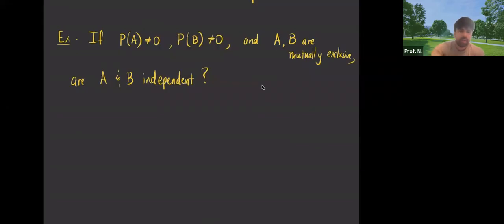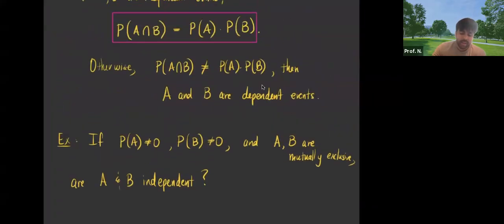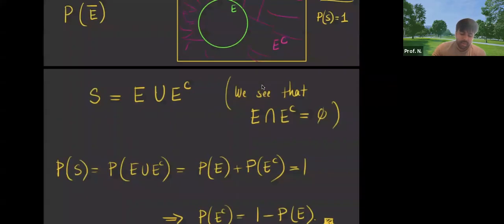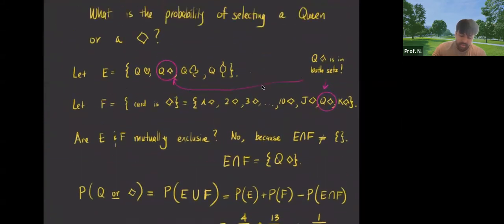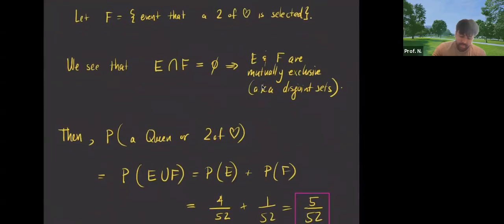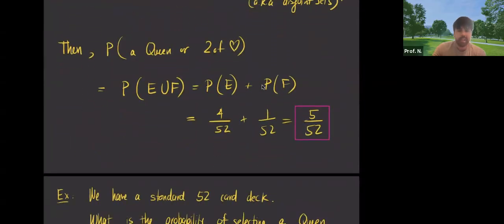And you can look at the examples that we talked about before. So if we look at the example of the queen and the two of hearts, they are mutually exclusive. So are they independent?